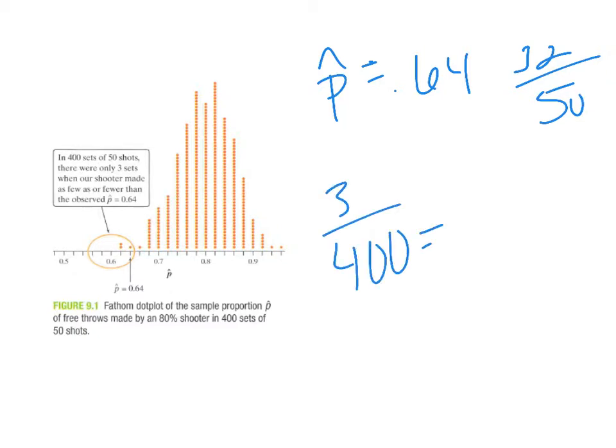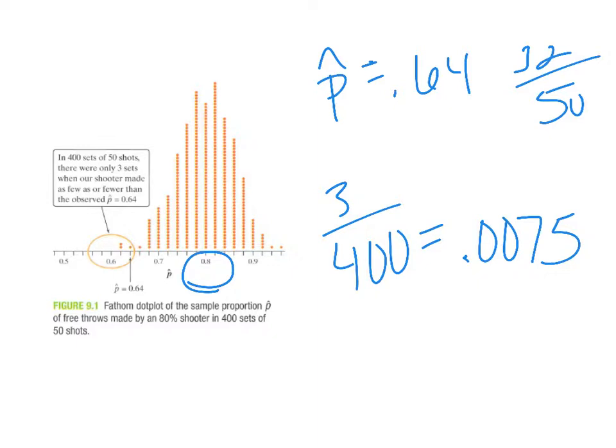So basically, I get a probability that he is going to make this, if that claim is true. Remember, this is all based on the null hypothesis being true, and that is the true proportion of free throws that he makes. When I run 400 samples, I have 3 of them where he's making 0.64 or less.